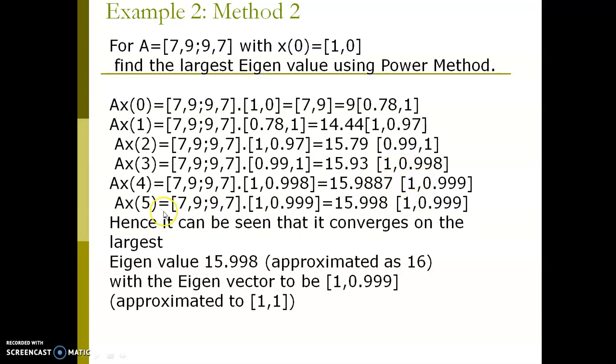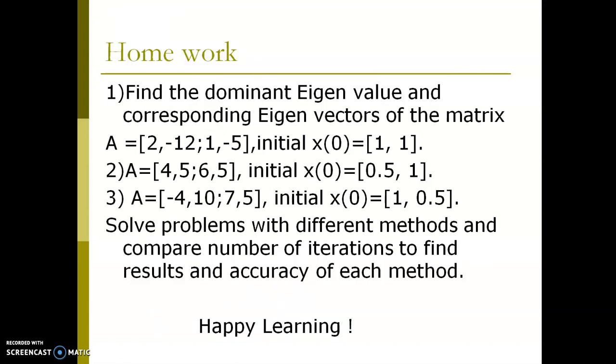Hence we get Ax5 as 15.998 multiplied by 1, 0.999, where this 15.998 becomes our largest eigenvalue, whereas the corresponding vector is the eigenvector corresponding to this eigenvalue. Ideally, this value should have been 16 and the corresponding vector could have been 1, 1.